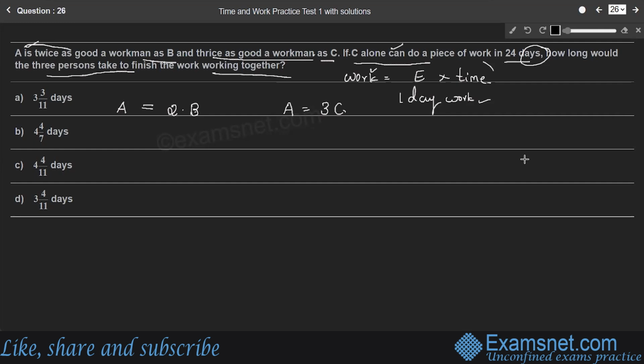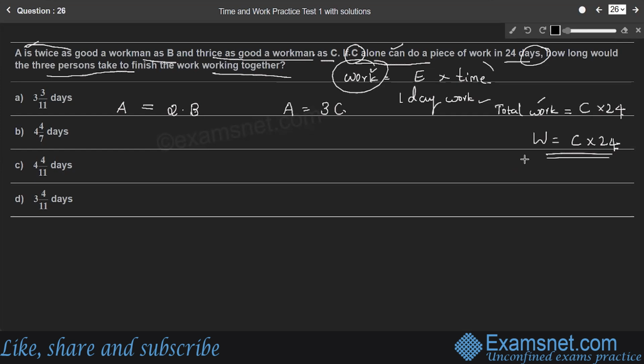So we'll consider the total work as W, which is done by C, that means the efficiency of C, in 24 days. Efficiency into time gives the total work, right? Therefore, here total work W is equal to efficiency of C into 24.